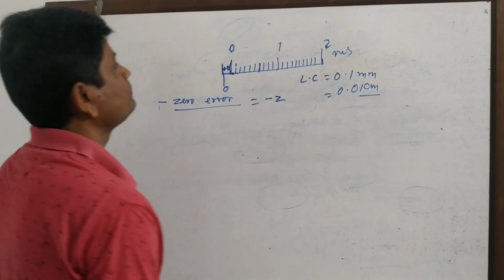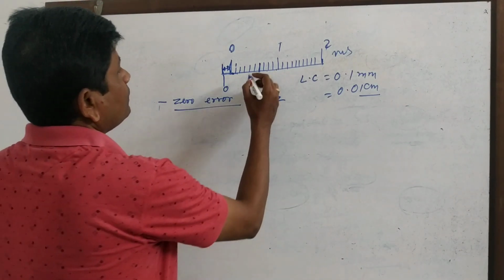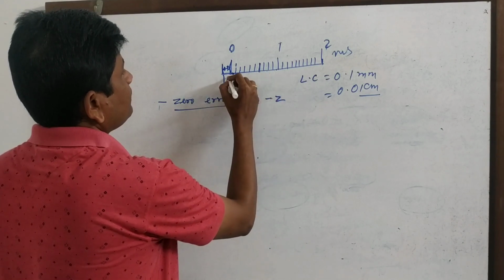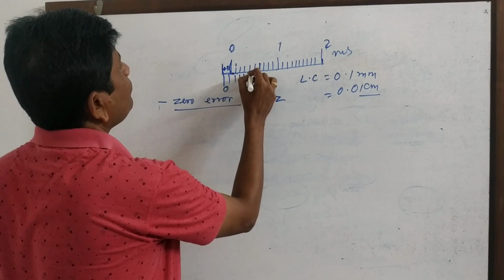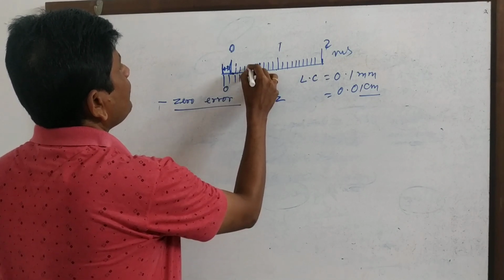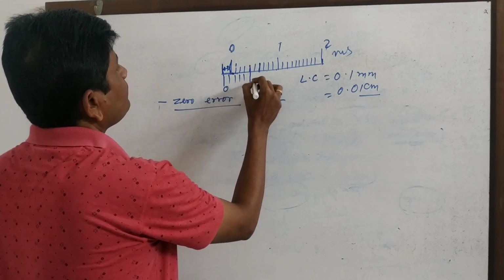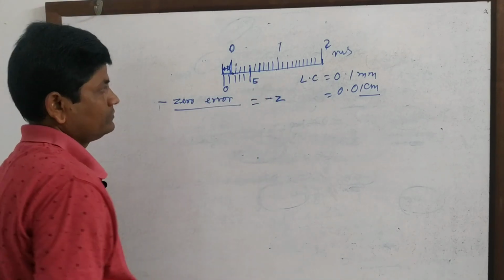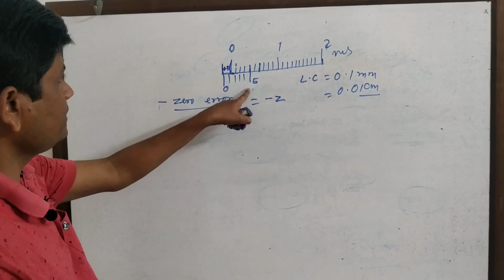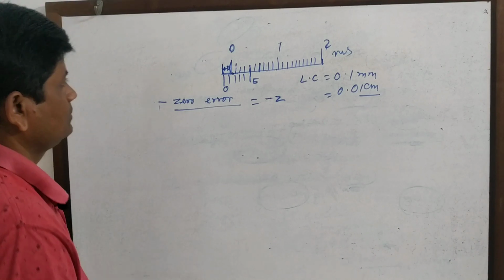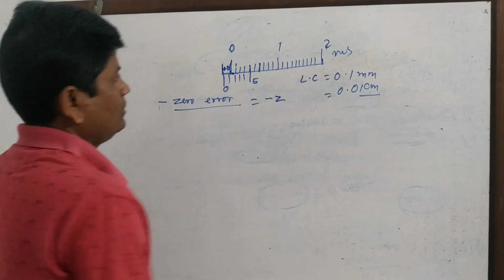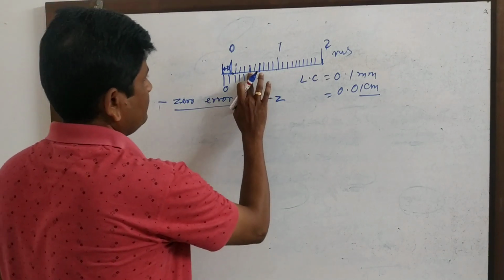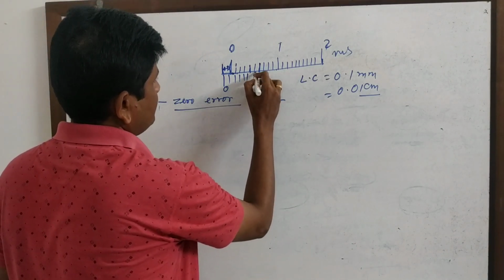Let, in this case, 1, 2, 3, 4, 5, exactly the fifth division coincides with any one of the main scale divisions, or take it as the sixth division.